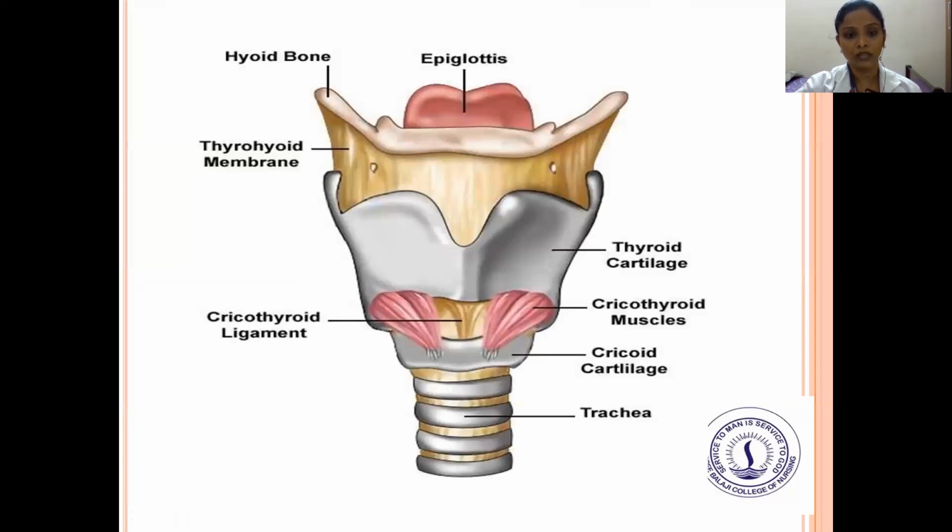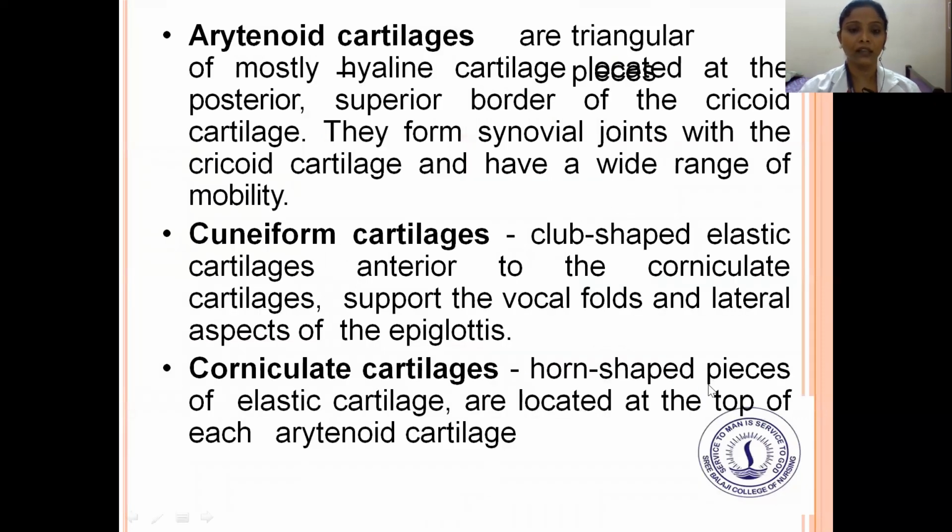Here is another picture which shows the ligaments of the cartilage: thyroid membrane, thyroid cartilage, cricothyroid muscles, cricoid cartilage and the trachea. Next, arytenoid cartilage is a triangular hyaline cartilage placed at the posterior superior border of the cricoid cartilage.